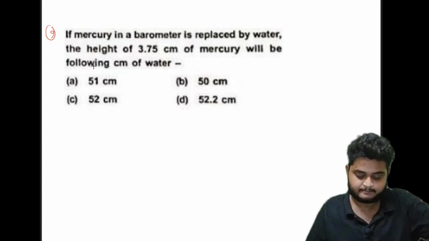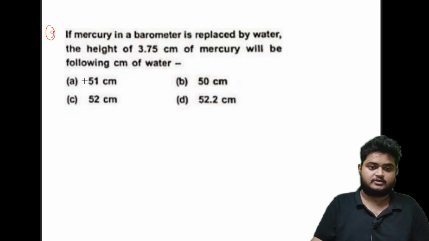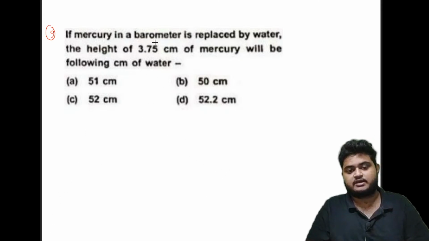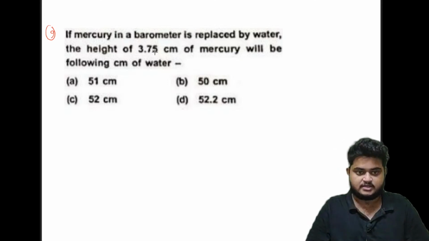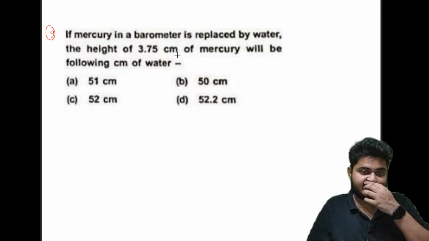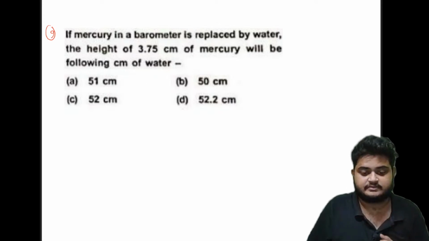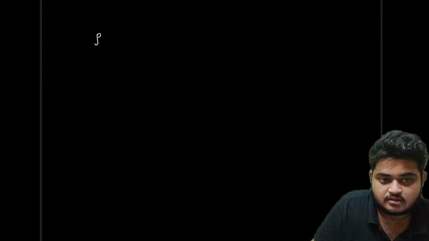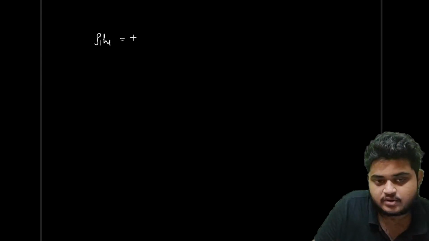तो सारे के सारे क्वेश्चन आज खत्म हो जाने वाले हैं. So, okay, the question is saying that if the mercury in a barometer is replaced by water, the height of 3.75 centimeter of mercury will be the following centimeter of water. Already I have discussed that theory yesterday. Rho 1 H1 is equal to rho 2 H2.